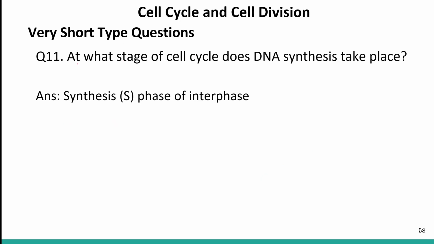Now the next question is, at what stage of the cell cycle does DNA synthesis take place? Again they are talking about the interphase here: G1 phase, S phase and the G2 phase. So DNA synthesis takes place during the S phase. This was a very straightforward question.